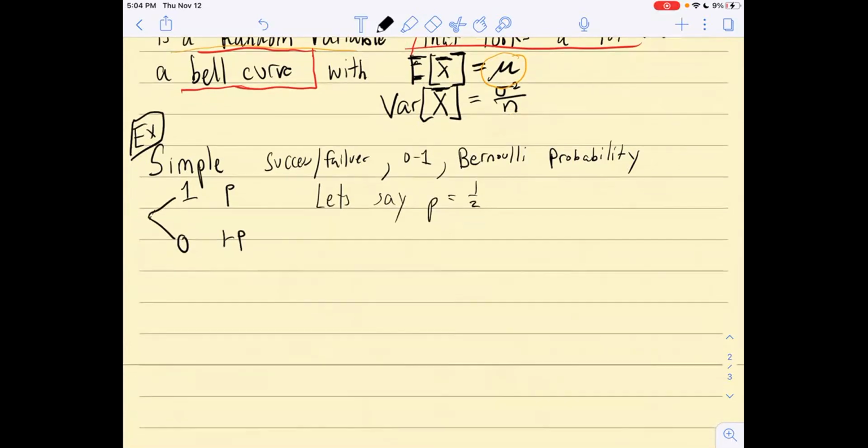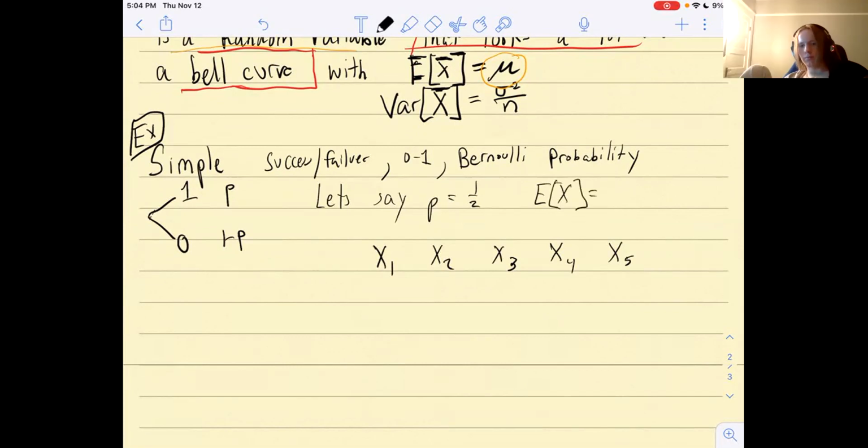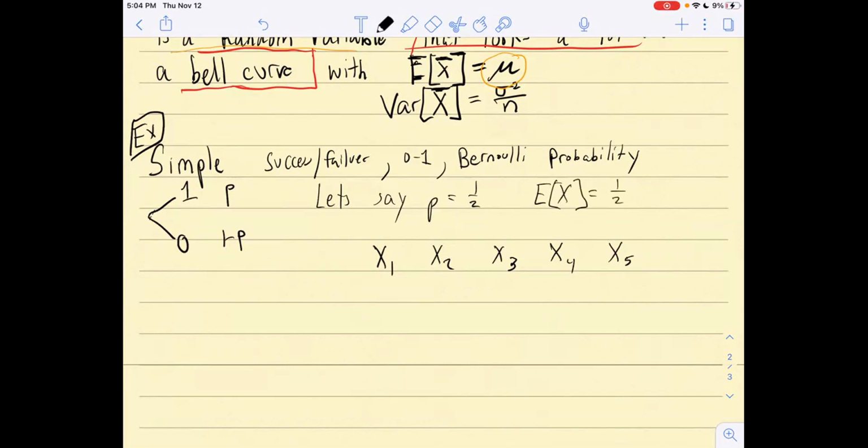So let's say we have random variables x1, x2, x3, x4, and x5. By the way, what is the expected value of this random variable? 0.5. Nice, 1/2, because it's 0 plus 1 over 2, so it's just 1/2.